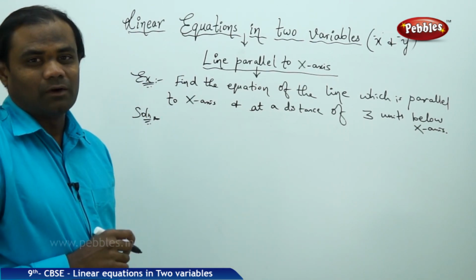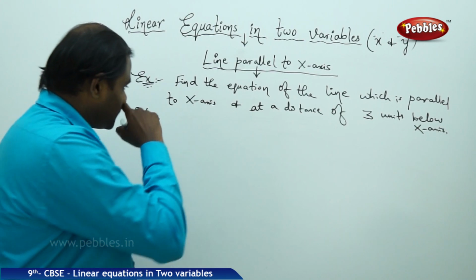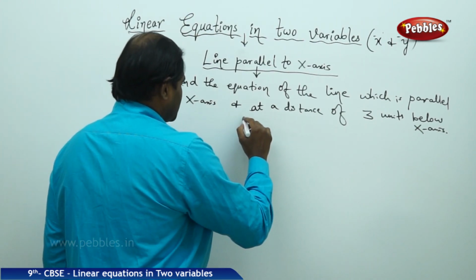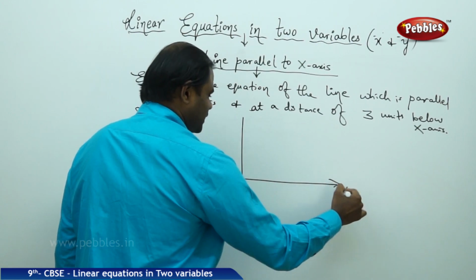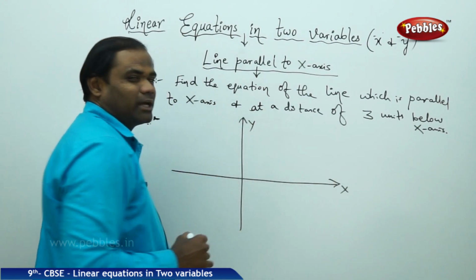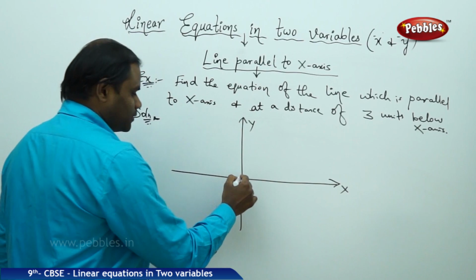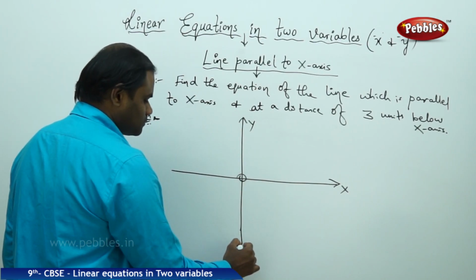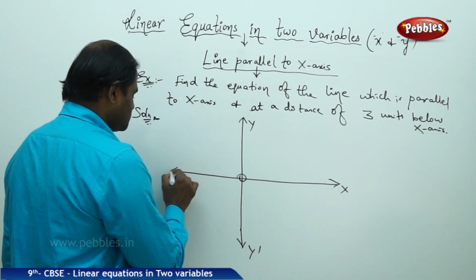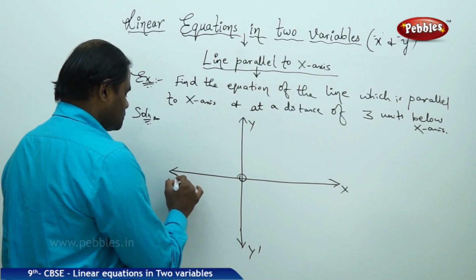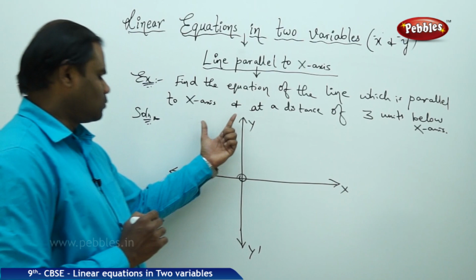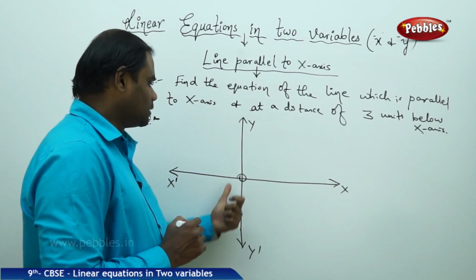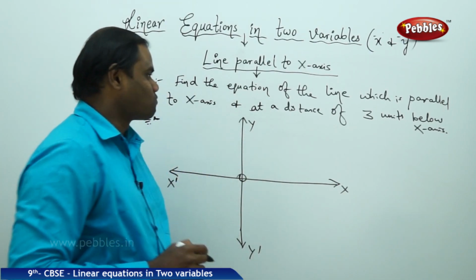So let's see how we can convert this into the Cartesian plane. The Cartesian plane consists of the x-axis and y-axis, x dash and y dash, intersecting at the origin.